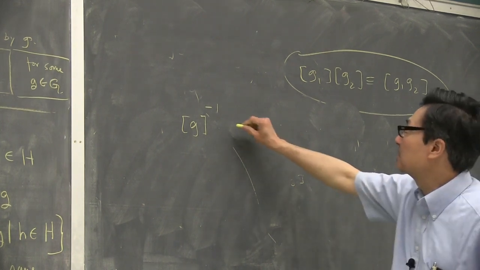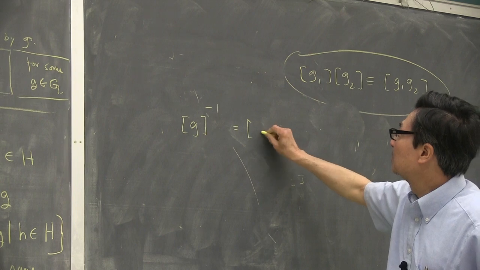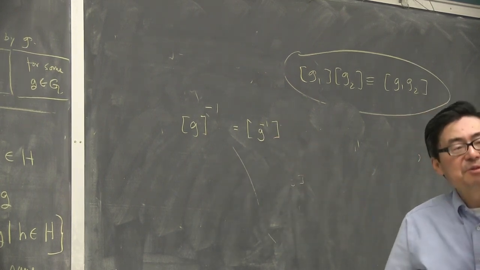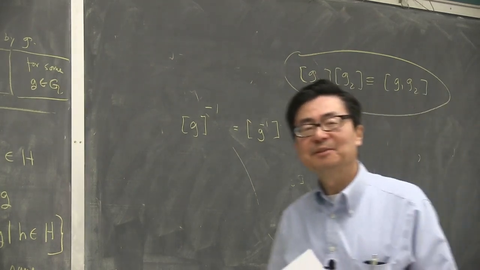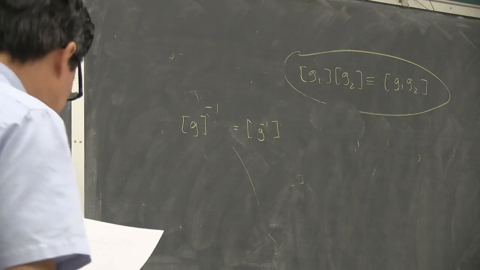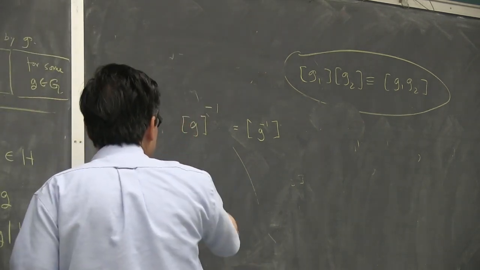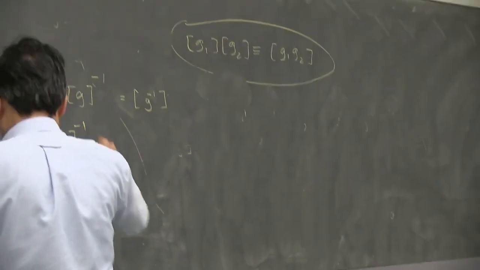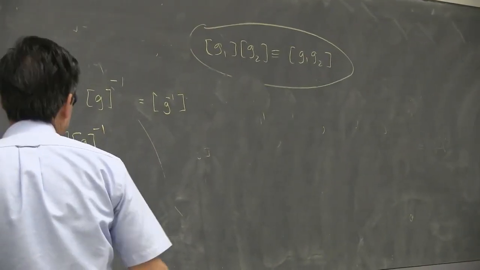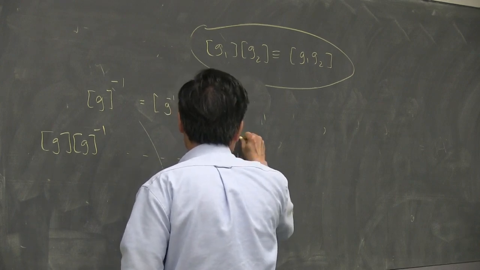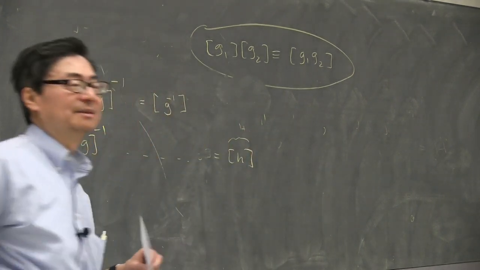And my claim is this, that this is equal to the coset that is characterized by the inverse of G. That seems quite obvious, but it's a little bit of proving, okay? So here we go. What we want to show is that according to this definition, G times G inverse is equal to, after a number of steps, this, because we have shown that this is the identity. Okay?